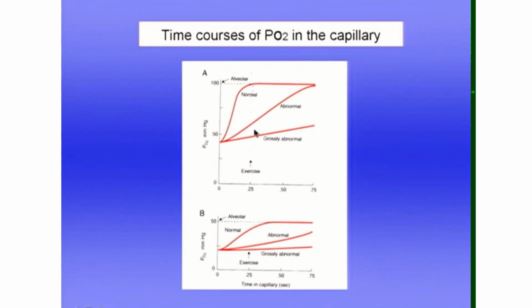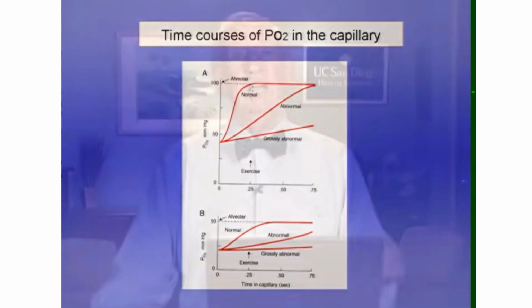Do normal subjects ever show diffusion limitation during exercise? Well, there is some evidence that they do. If you have an elite athlete at a very high level of exercise, then there is some evidence that he may show a decrease in the end capillary PO2, as evidenced by the fact that the arterial PO2 falls.